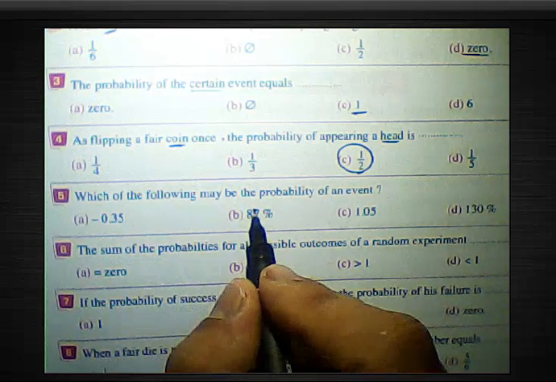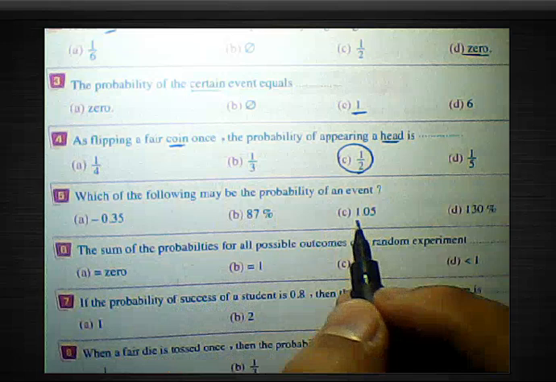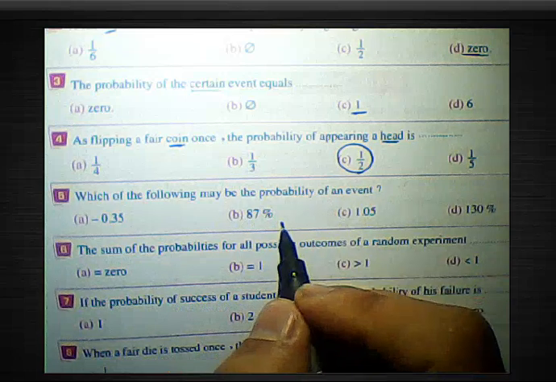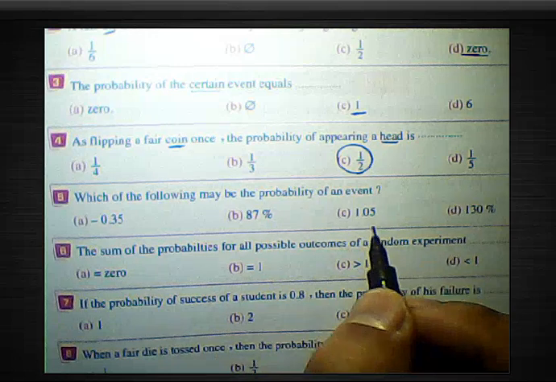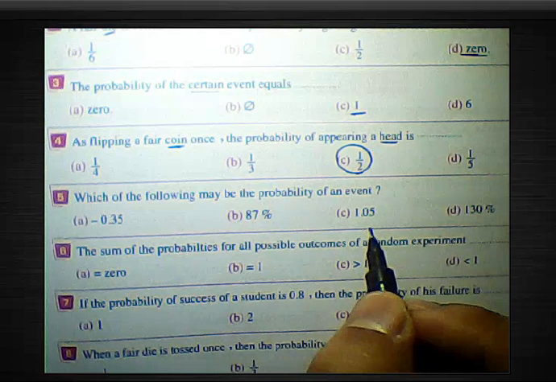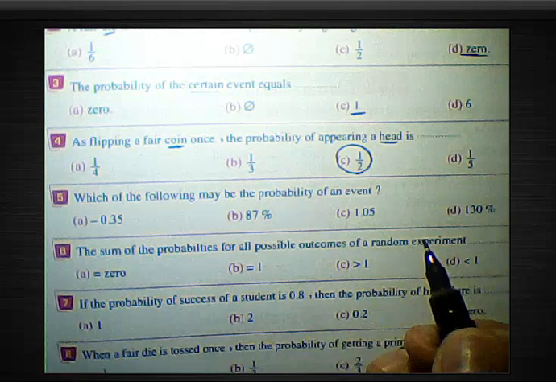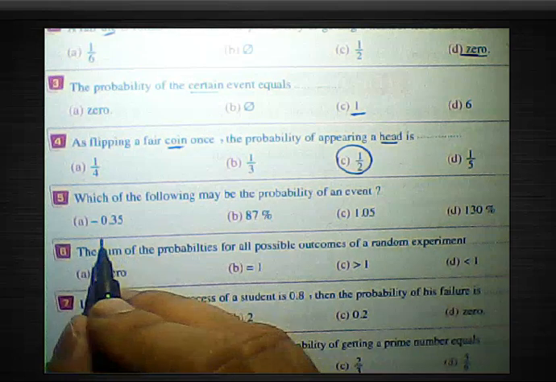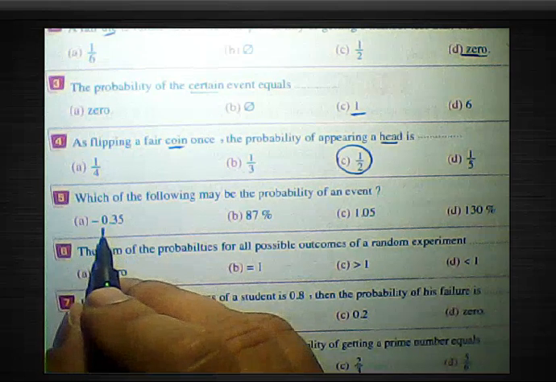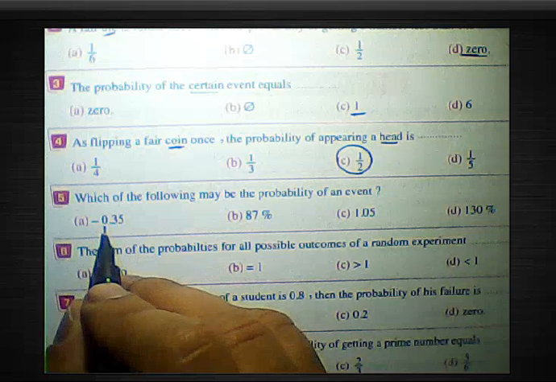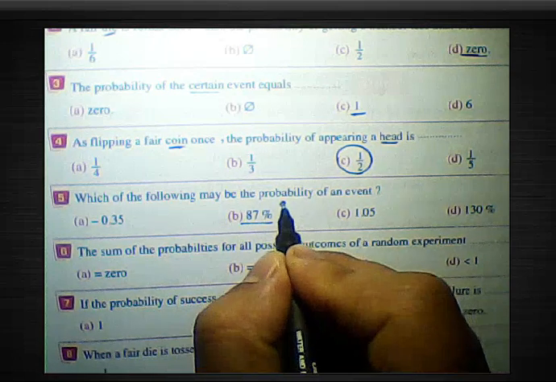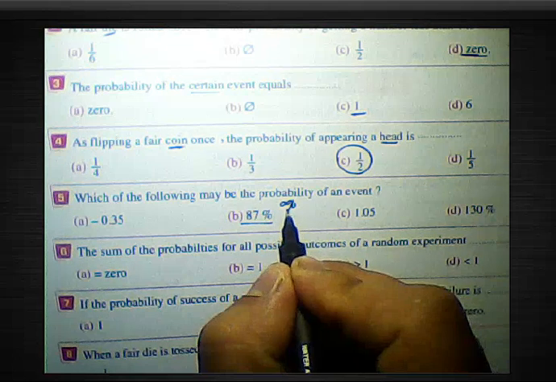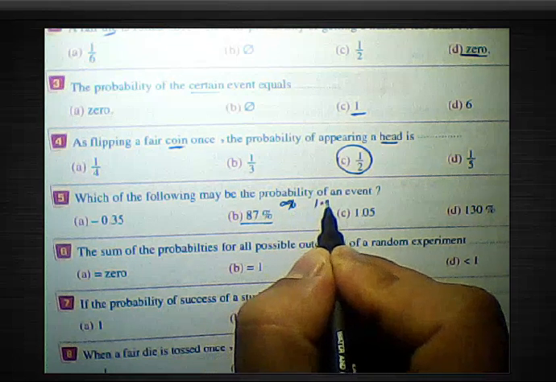Which of the following may be the probability of an event? We know the probability of an event lies between 0 and 1. The certain event will be 1, and the impossible event will be 0. So this one is false because it's less than 0. 87% is true because the probability lies between 0% and 100%.